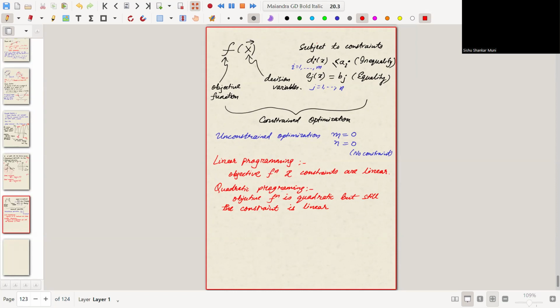All right. So what is non-linear programming? Non-linear programming is all other cases. Whatever is not covered in the two, all other cases.